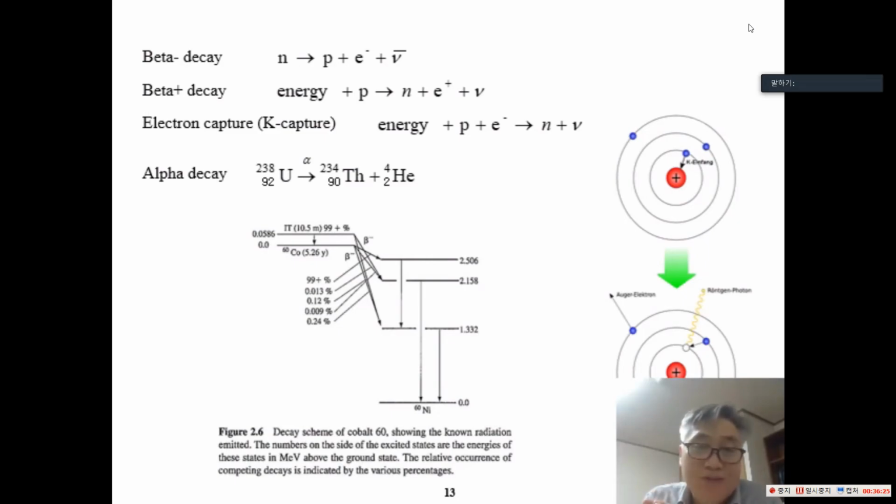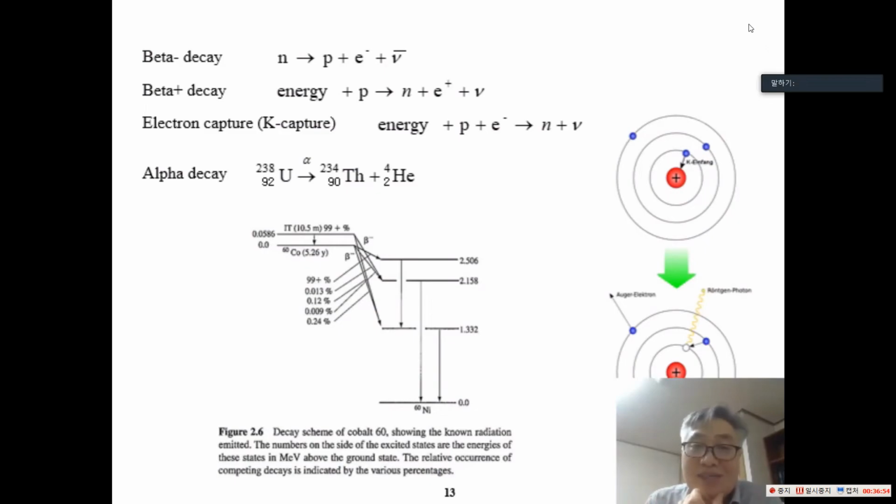That means the number of protons increases by 1 and the number of neutrons is reduced by 1. Okay? When there is a beta plus decay, that means a positron is emitted from the nucleus. Then a proton becomes a neutron. That means the number of protons is reduced by 1 and the number of neutrons increases by 1.